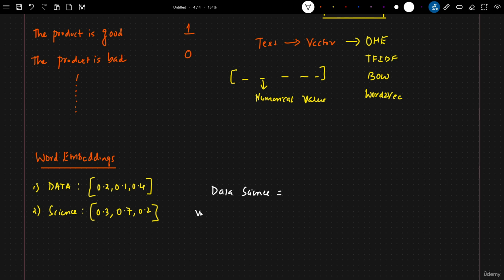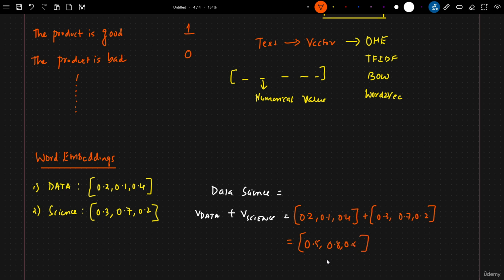In short, we take the vector of data, take the vector of science, and add them up. So 0.2, 0.1, 0.4 plus 0.3, 0.7, 0.2 gives 0.5, 0.8, 0.6.